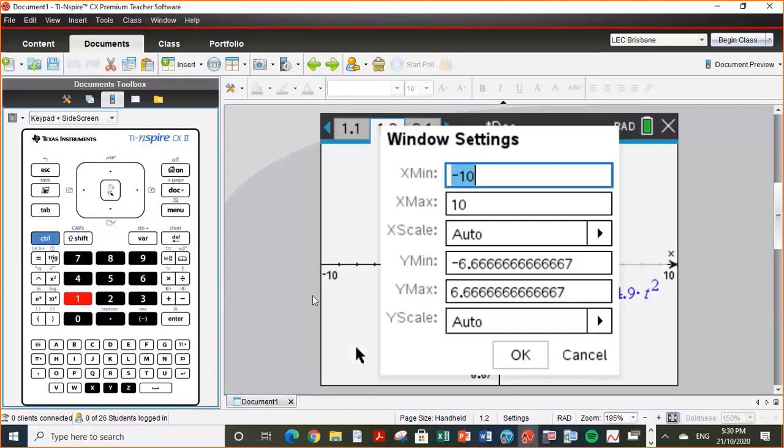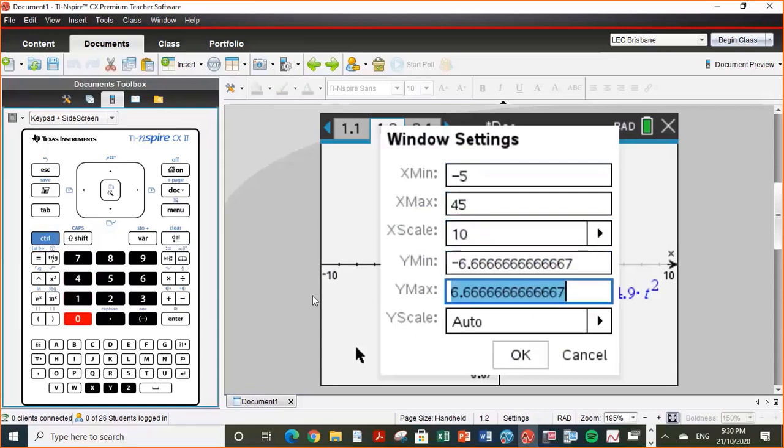So if we think about that, an x max of 40 would be a really good move, right? You take your t value and multiply it by 10. So we could have an x min of, say, -5, an x max of 45, and an x scale of 10.